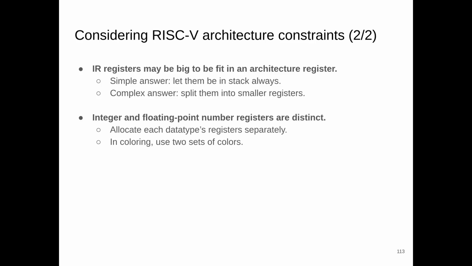In order to do that, you need to allocate each data type's registers separately. You need to allocate IR integer registers into architecture integer registers, and similarly for floating point numbers as well. So in the coloring algorithm, you can just use two sets of colors instead of one set of colors. By doing so, you can safely allocate the registers into the corresponding set of registers.